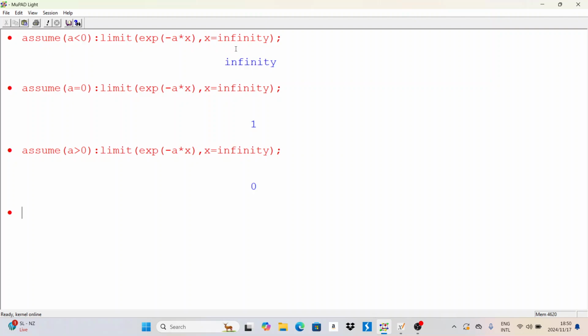So the condition is when x approaches infinity, x is equal to infinity. When x approaches infinity, then our answer is infinity. Then we do the same thing. We assume a equal to 0, and then our semicolon, the limit of exp minus a times x, comma, x equal to infinity, then we get 1 as our answer. Then we assume a is greater than 0, semicolon, limit of exp minus a times x, comma, x to infinity, then we get 0.